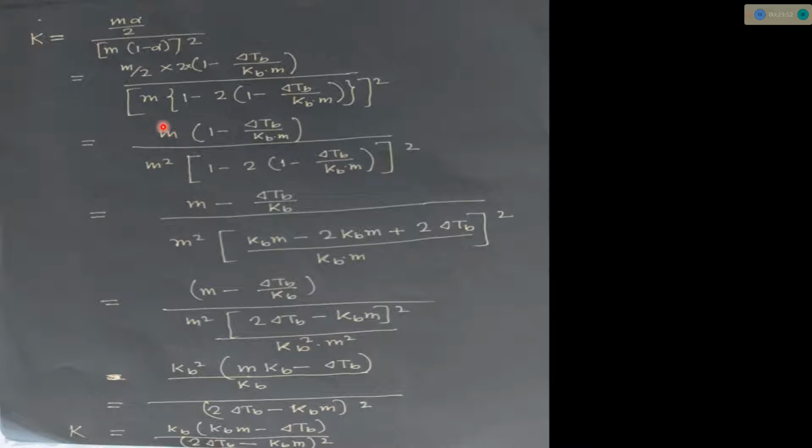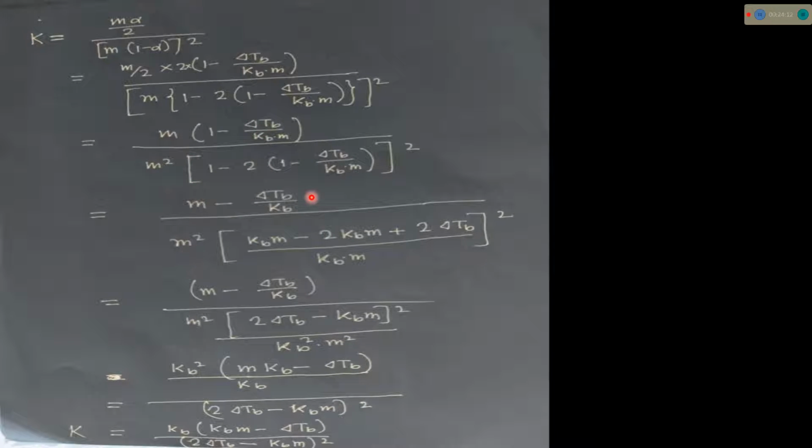If we multiply this m inside the whole terms, it becomes m minus del Tb upon kb, and after multiplication this m will cancel out. So m minus del Tb upon kb.